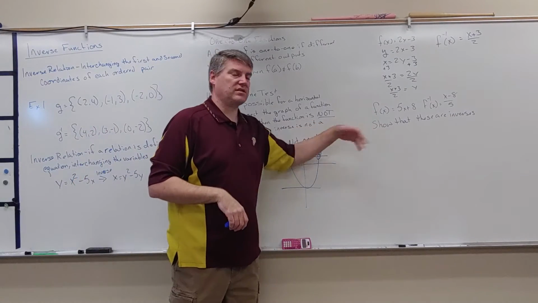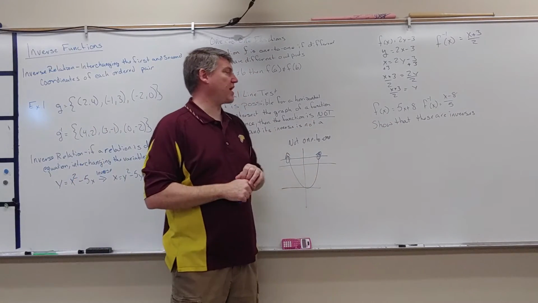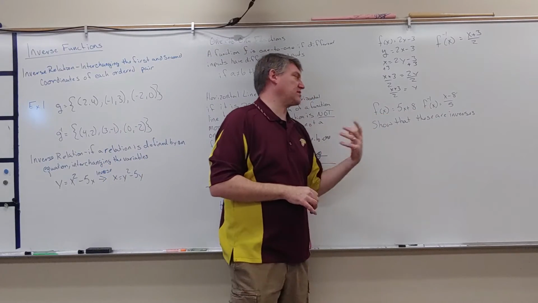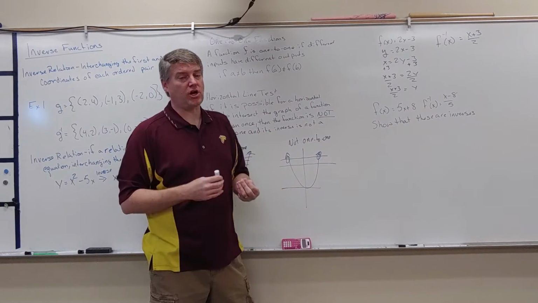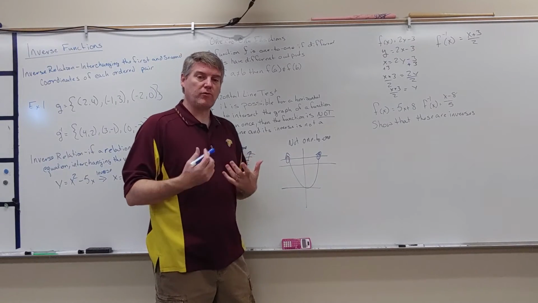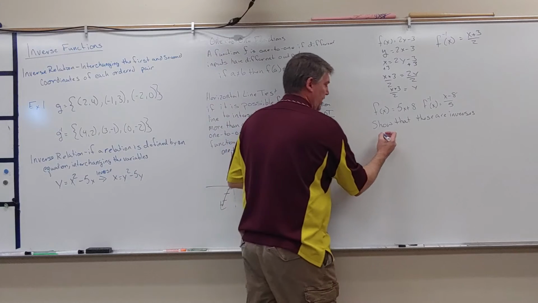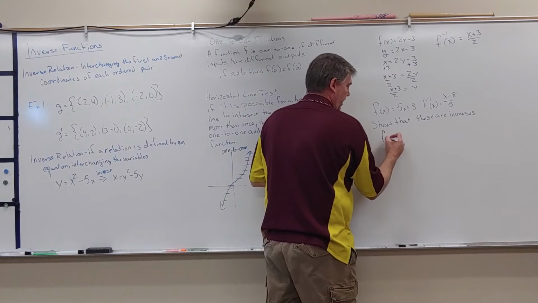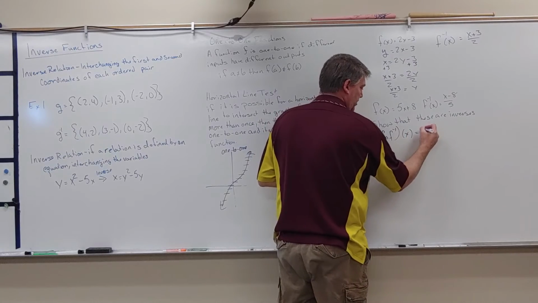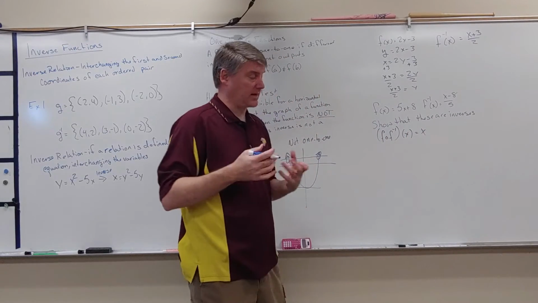Now, here I have f of x equals 5x plus 8, and I have f inverse equals x minus 8 over 5. I want to show or prove that those are inverses. The way we do that is we look at f of f inverse of x, and we want to show that it just gets us back to x.